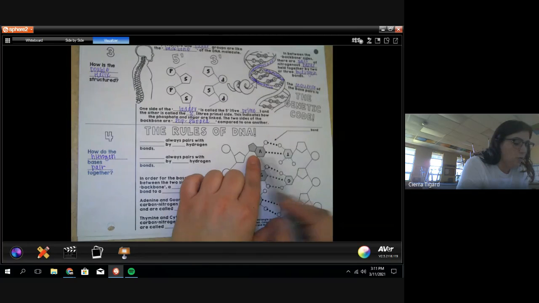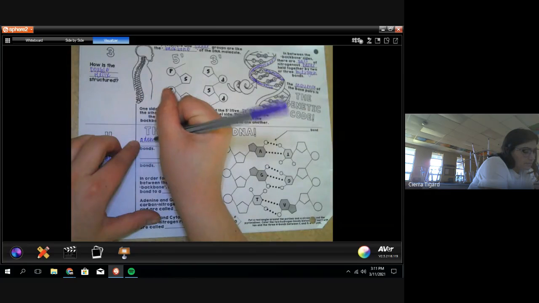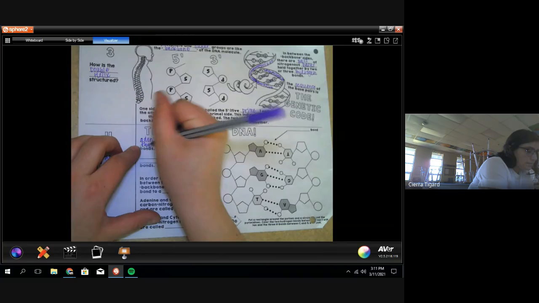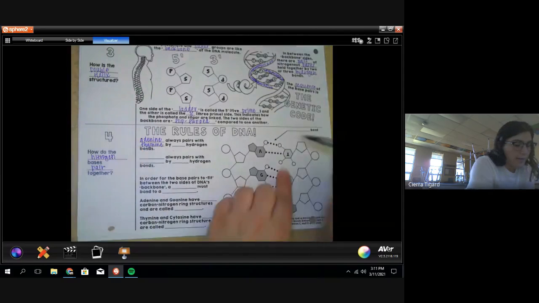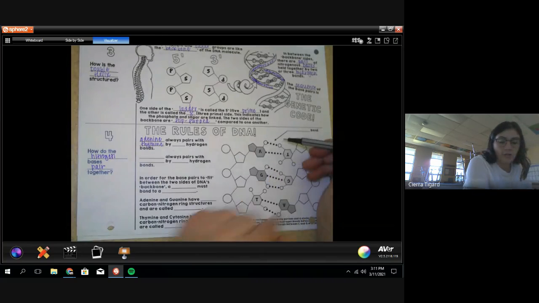A and T always pair together. So adenine and thymine always pair together, and you can count 1, 2, that there are 2 hydrogen bonds.